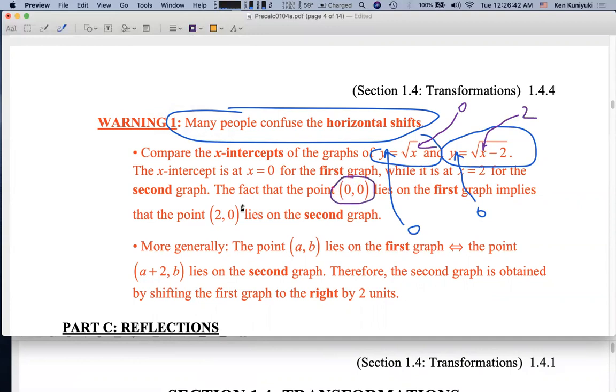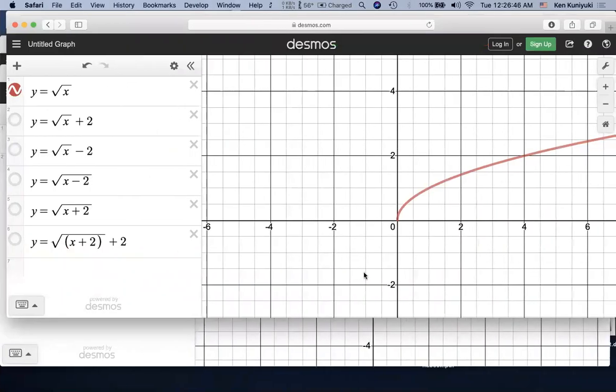The new graph has an x-intercept at 2, 0. Look over here. Y equals root x. At 0, 0, we have an x-intercept. At y equals the square root of the radicand x minus 2, we have an intercept at 2, 0. The x-intercept moves right by 2 units, from the red graph to the purple graph. And in fact, that's true for all the points on the red graph as they move over to the purple graph.